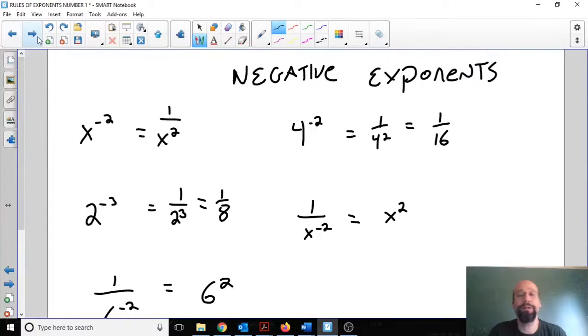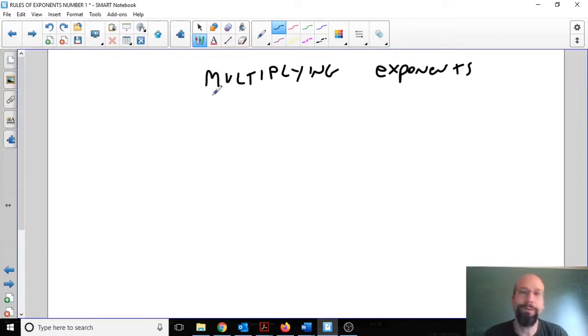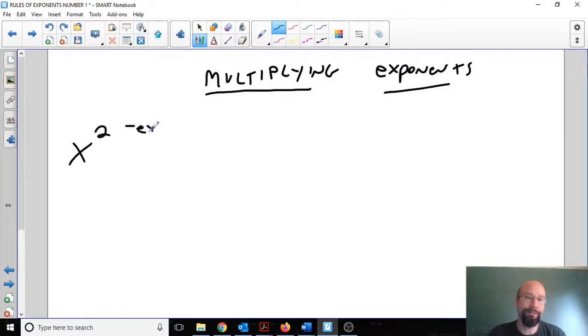So let's move on to multiplying with exponents. Before we start on this, we need to review some vocabulary. If you have x squared, this is your exponent. This is your base. Anything that has an exponent would be your base. It's also the variable. When we're dealing with all these exponents, it's important to understand that it's your base.